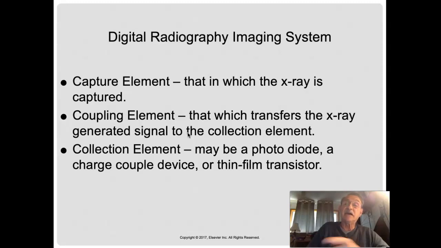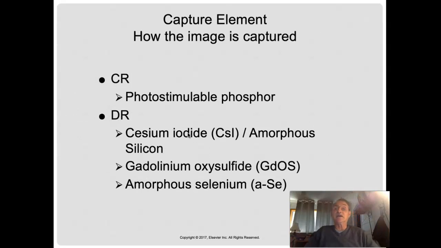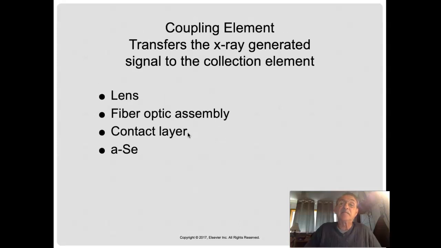Okay, looking at all of these individual parts of the process and how they're accomplished by the individual different types. The capture element: photostimulable phosphor for CR, cesium iodide or gadolinium oxysulfide for indirect, and the direct capture is amorphous selenium.